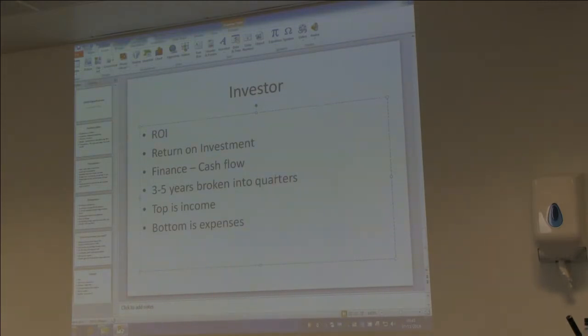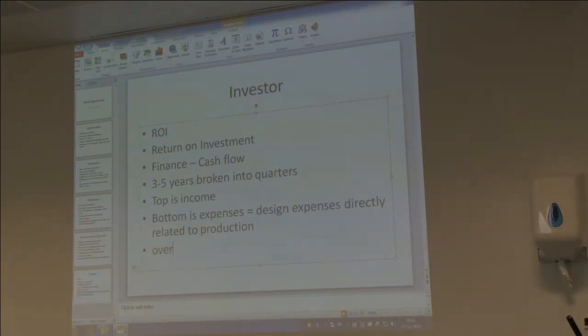So you have your design expenses, which are directly related to production. And then you have your overheads. Now, how are you going to calculate your overheads?